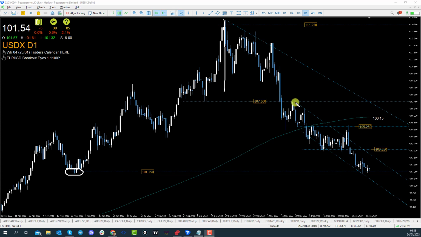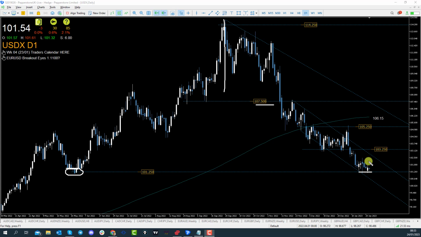We've most recently traded within a bearish channel after breaking through the lows at 107.50. We've come into this 101.25, which were these May lows of 2022, and we're finding a little bit of support here. Price has retested this area on a couple of occasions now, and we've failed to break through so far.